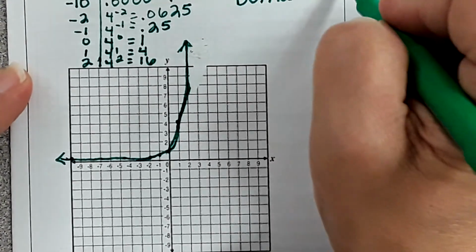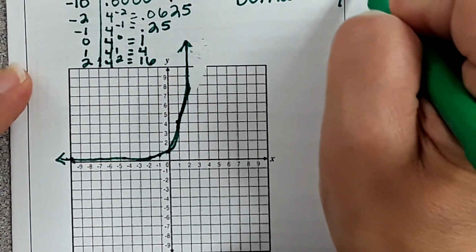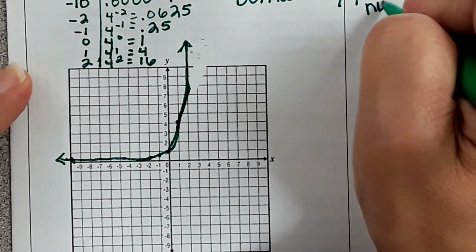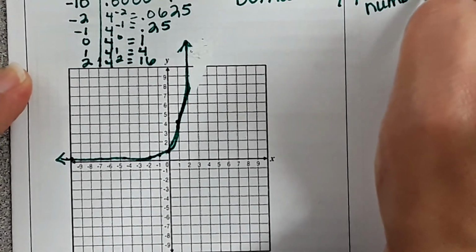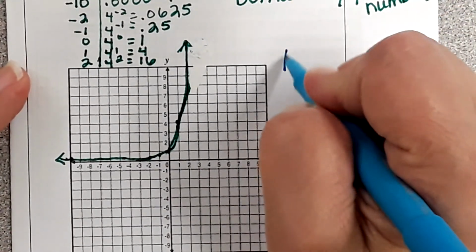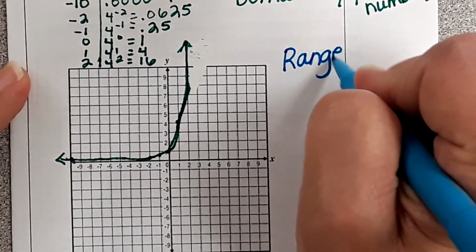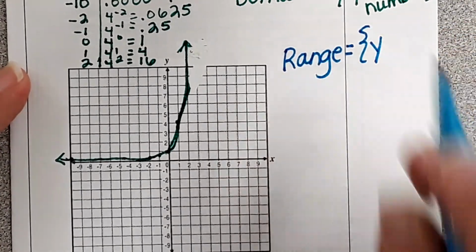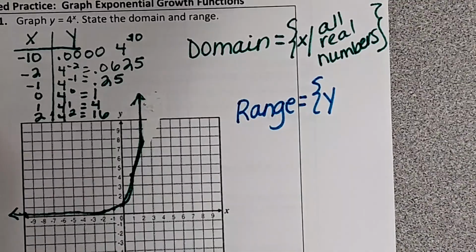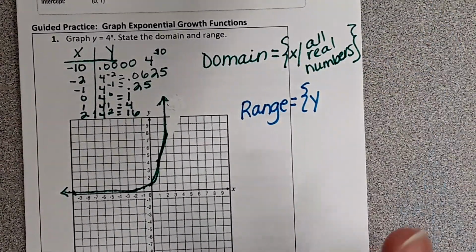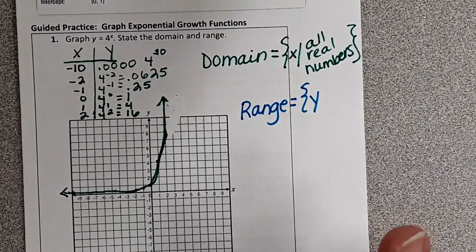It's always the same, which is x is all real numbers. We literally picked any number, and we could keep going, you guys.